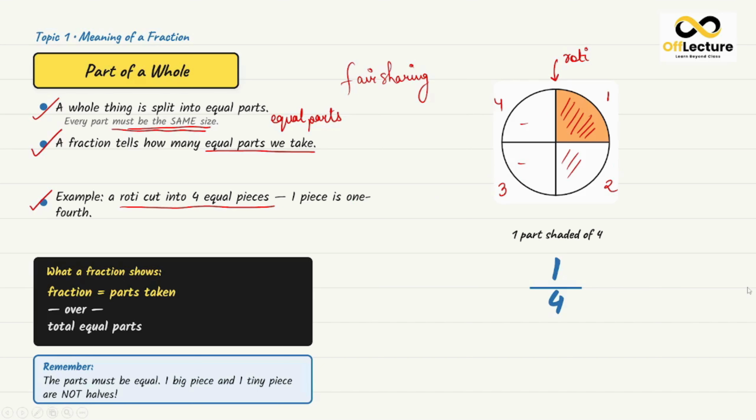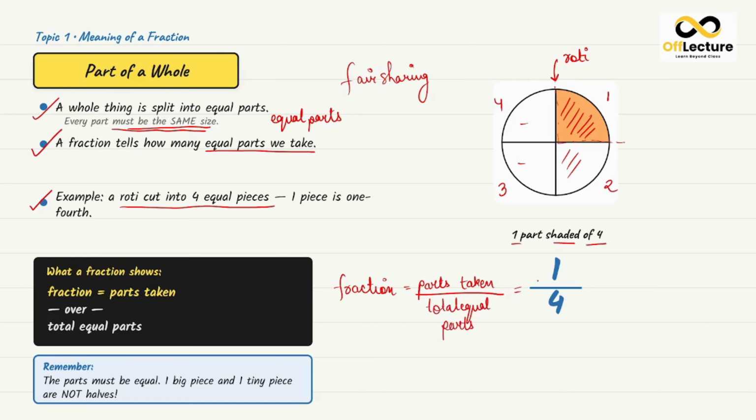Okay, so if we want to tell how many parts are shaded or how many parts have been eaten from the roti, we will say that one part is shaded of 4. That is, if we write the fraction for it, the fraction formula will be parts taken over total equal parts.